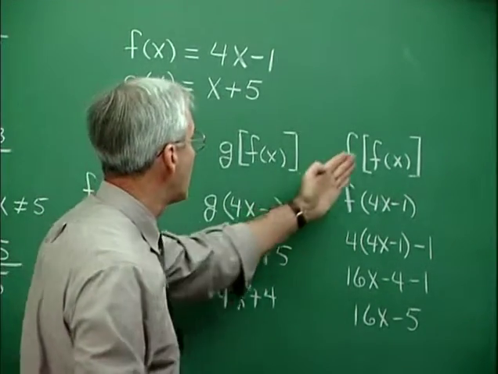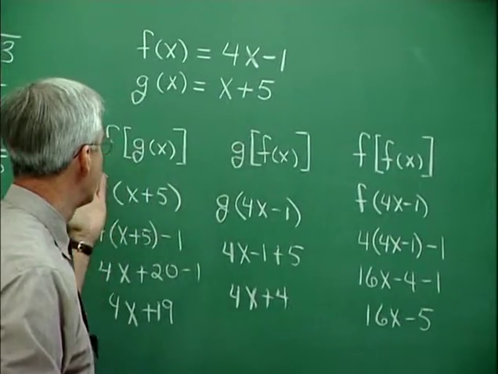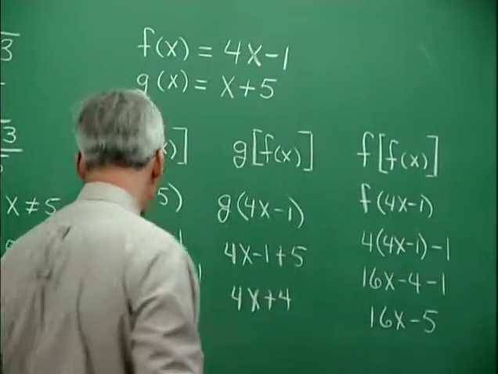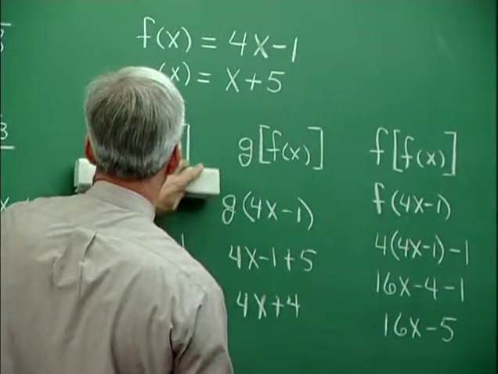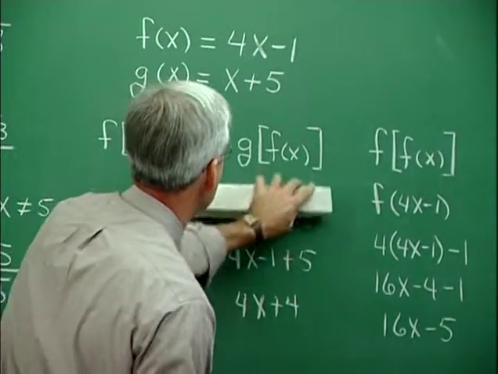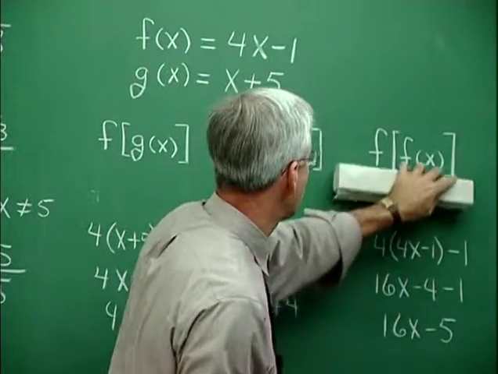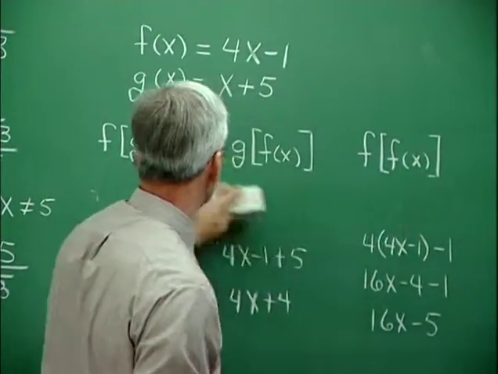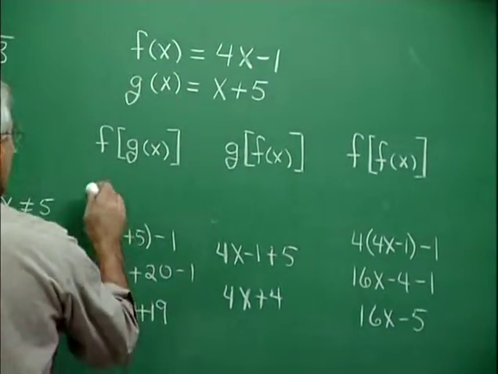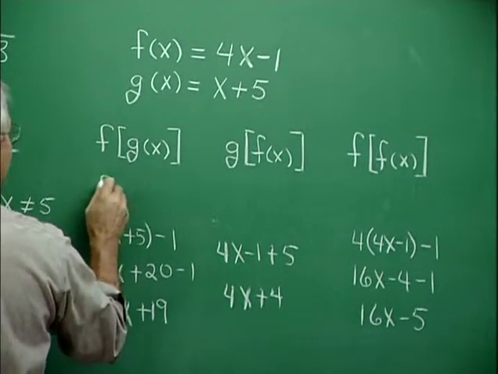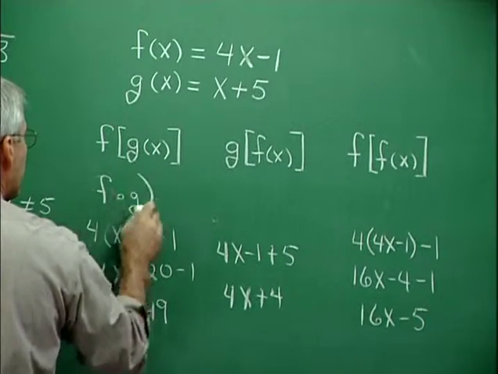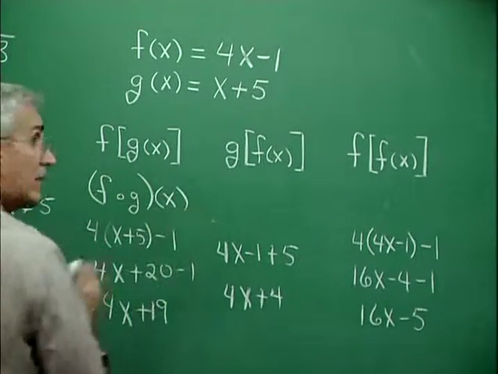Now, there is another notation for the composition of functions, and I'd like to show that notation to you. This is the easiest one to follow, but another notation for this is this. And I'll use it in all three places. This would be f of g of x, like this.